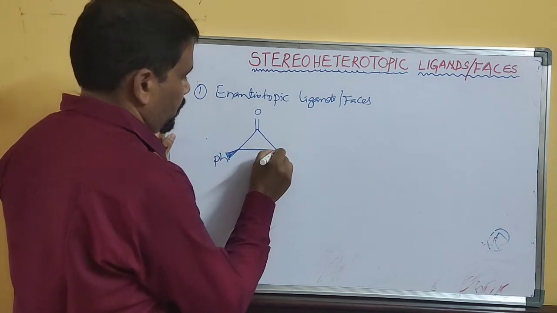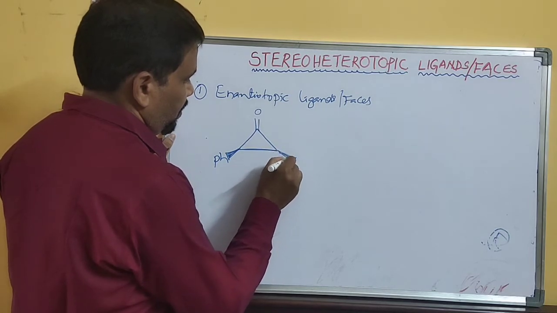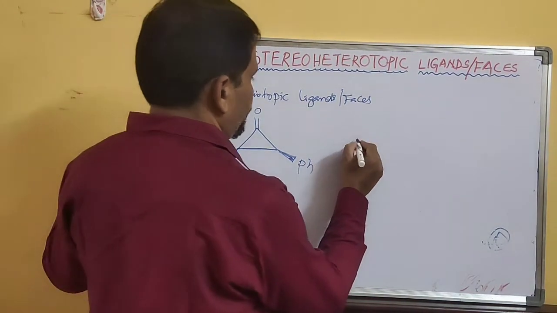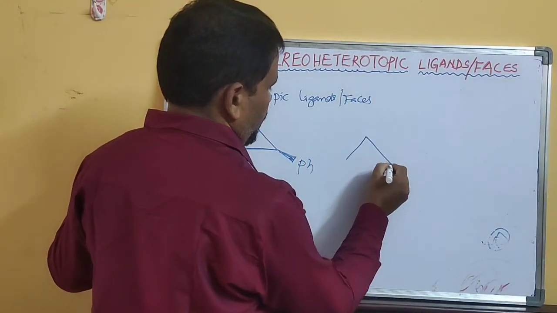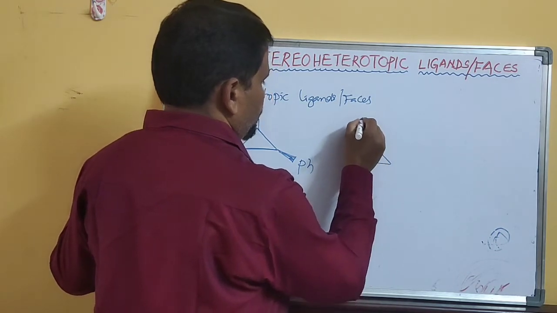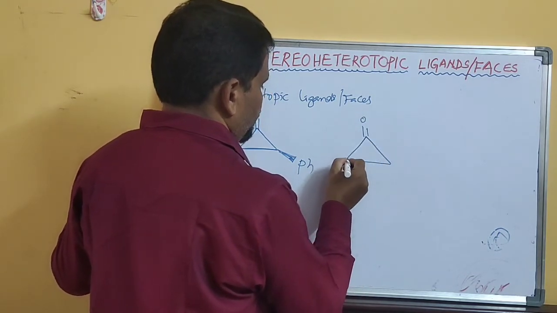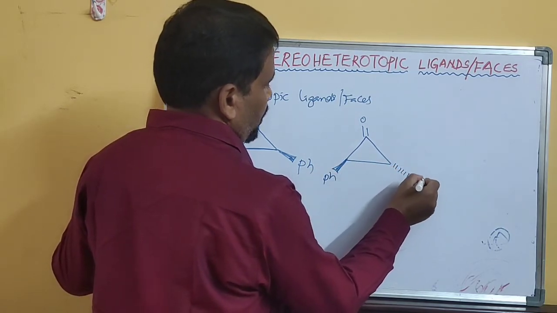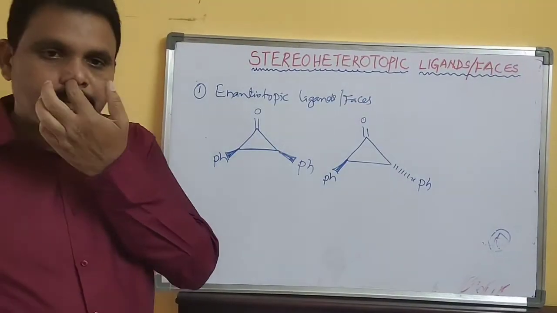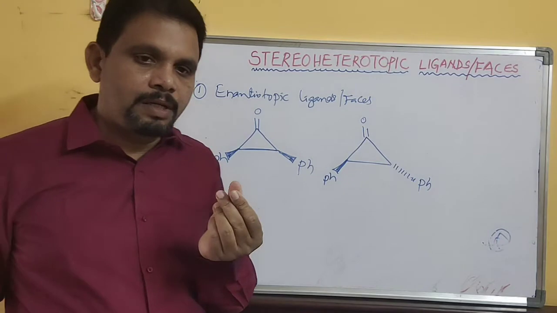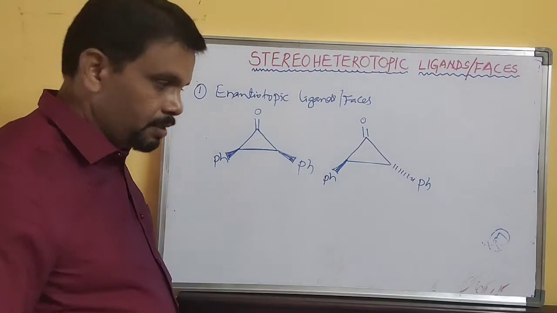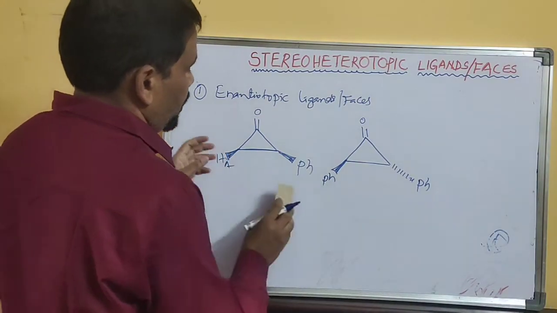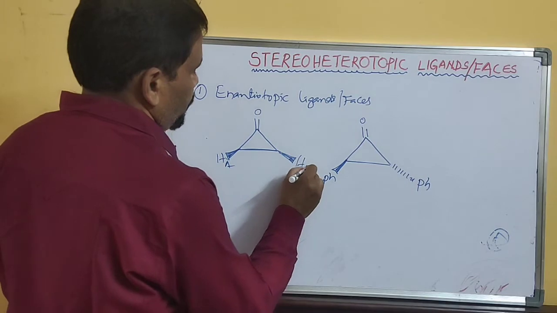Ph, Ph, and I also give you another example, just a slight difference, with Ph, Ph, or you can write just hydrogen Ha or hydrogen Hb.